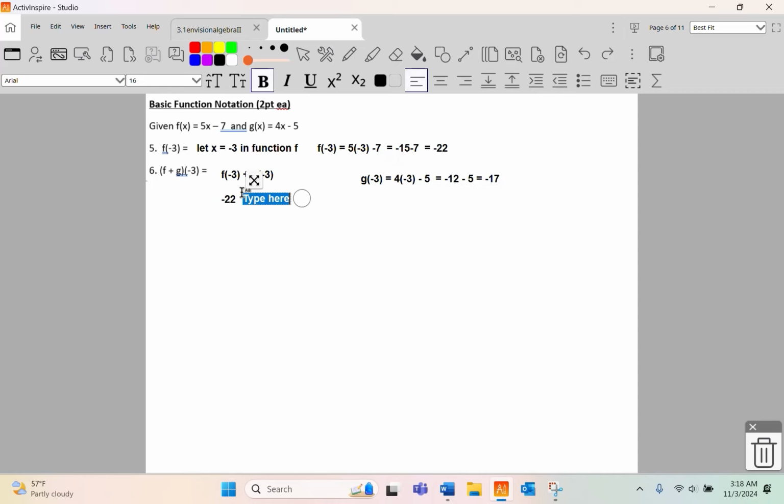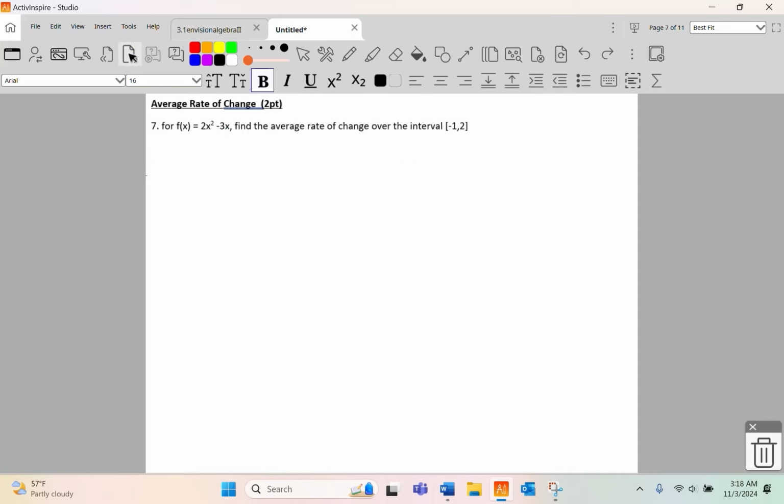So we got negative 22, and we have to add to it negative 17. And negative 22 and negative 17 is negative 39. So there you go. I should probably write that out properly. Ta-da!